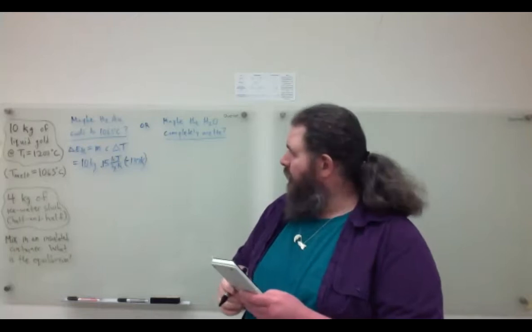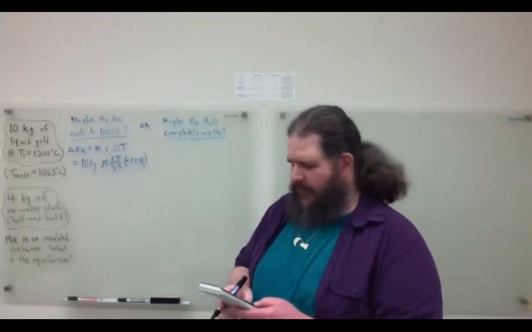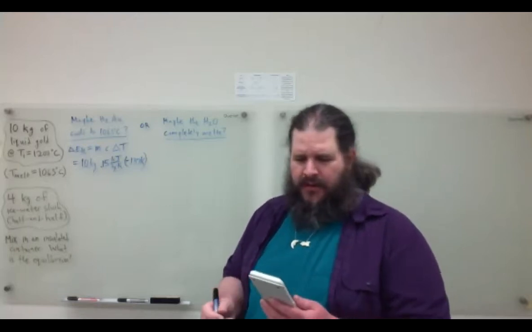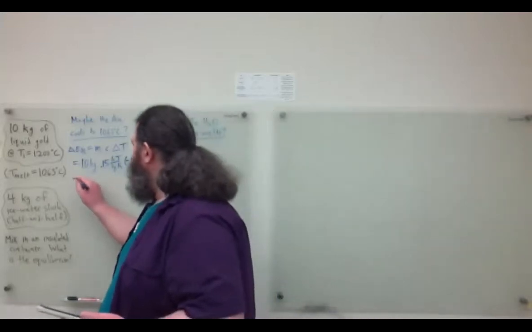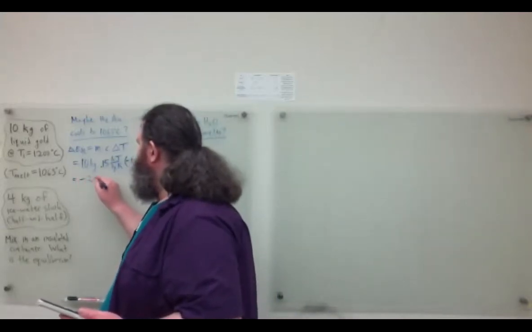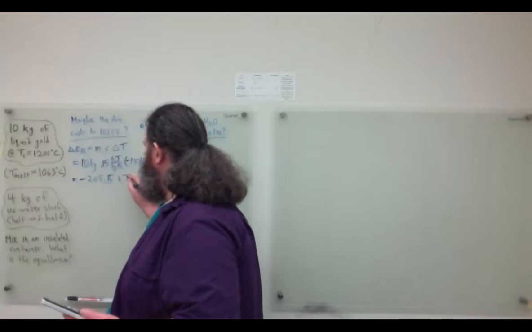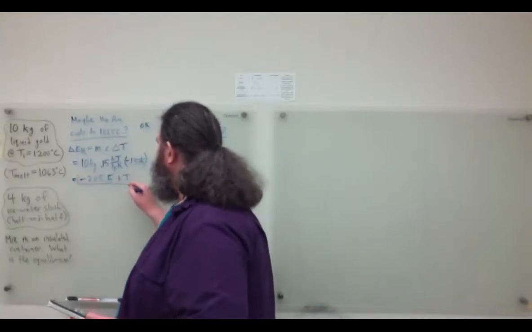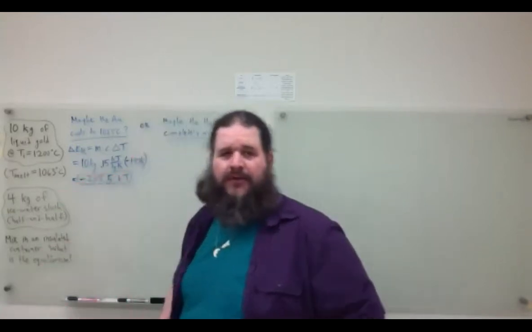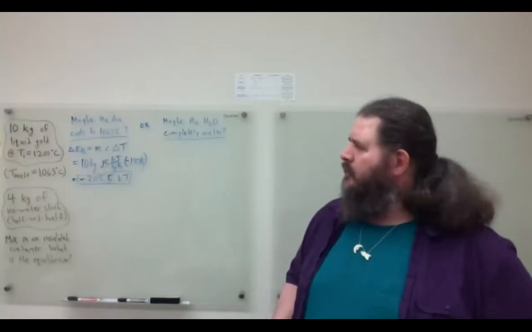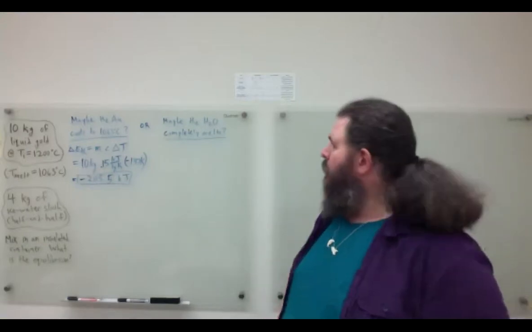So 10 times 0.15 times negative 137 is negative 205.5. So that's how much energy the gold has to lose in order to cool down to its melting point.